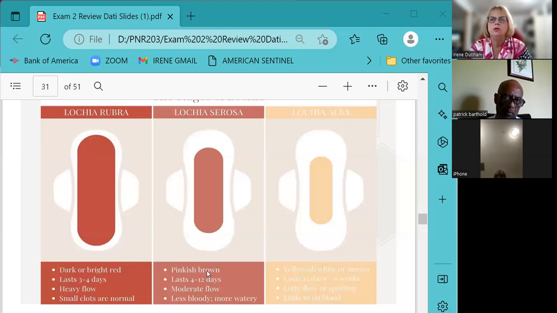Now, the main thing is when you do discharge planning with this patient, I want her to know when she goes home, if she's having lochia serosa and she's like day 10, then all of a sudden she wakes up one morning and she sees lochia rubra, bright red bleeding.